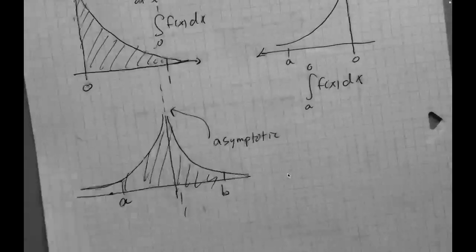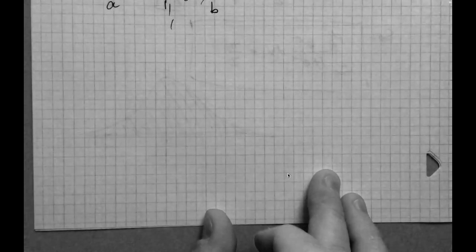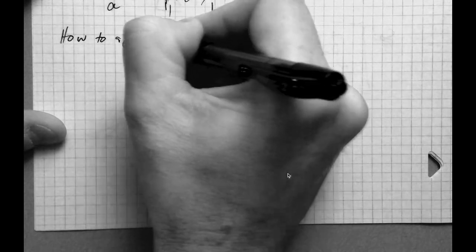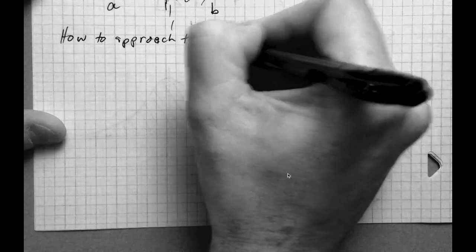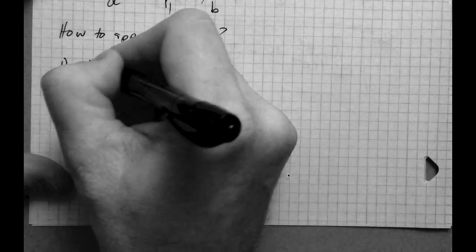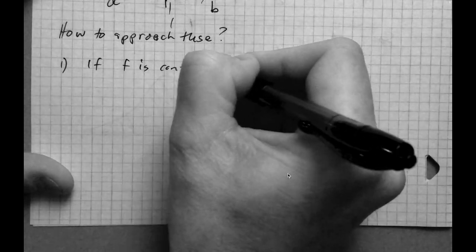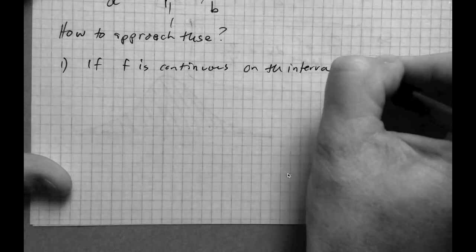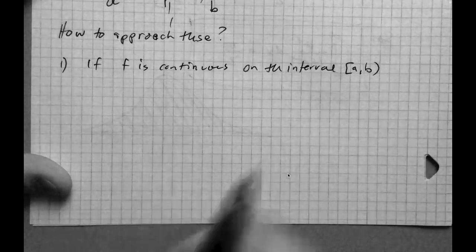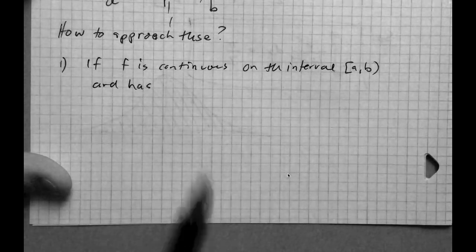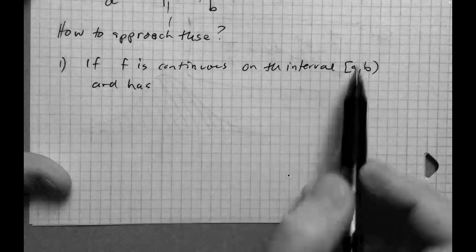What do we do? Well, here's what we're going to do. Here's how we'll approach it. So the first thing: if f is continuous on the interval a up to b, and has an infinite discontinuity at b, hence the half-open interval.